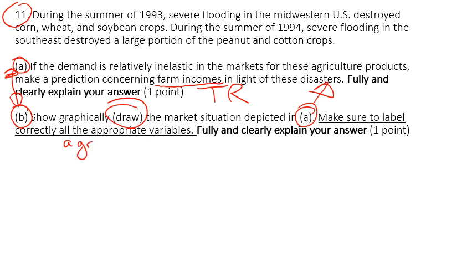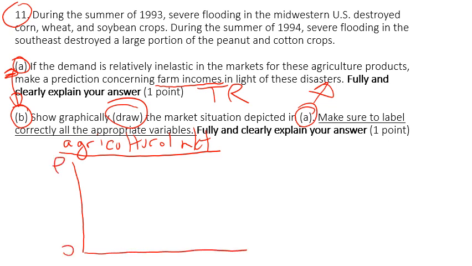Let's call this market an agricultural market, which is a compilation of corn, wheat, soybean, peanuts and cotton. So agricultural market, and it looks like this.